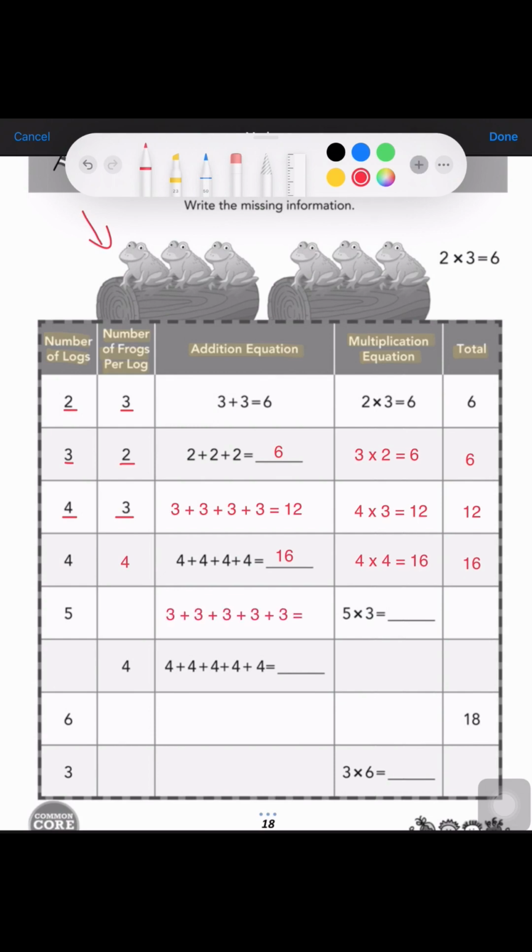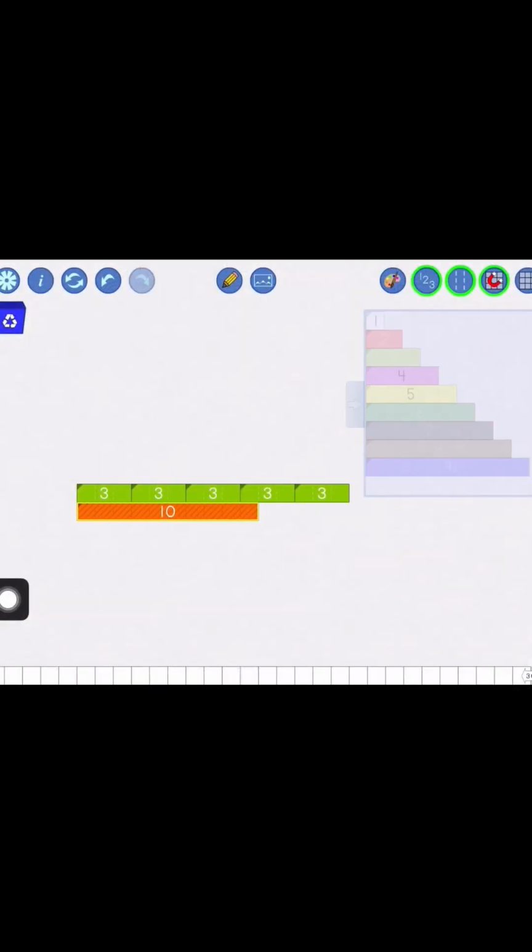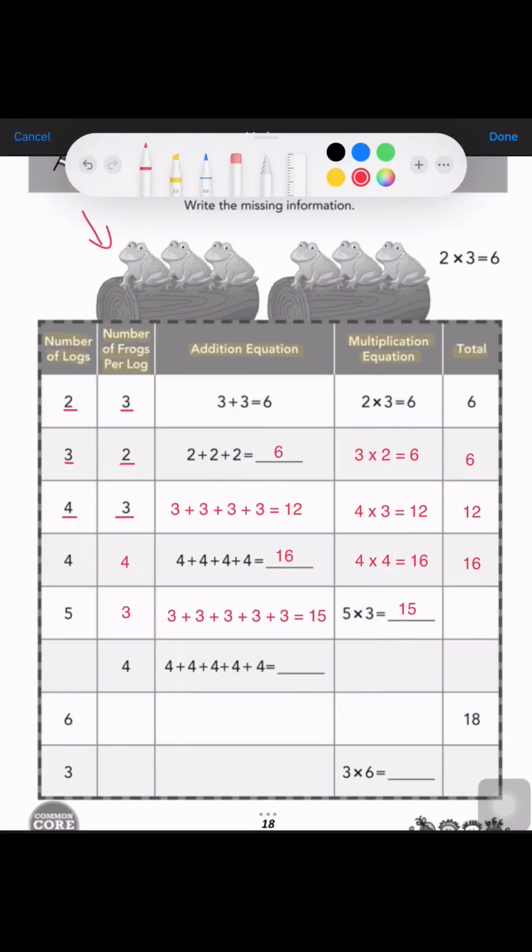But it is 5 times 3. That means there are 3 frogs per log. In addition, it is 3 plus 3 plus 3 plus 3 plus 3, which equals 15. The multiplication sentence will be 5 times 3 equals 15, and the total number is also 15.